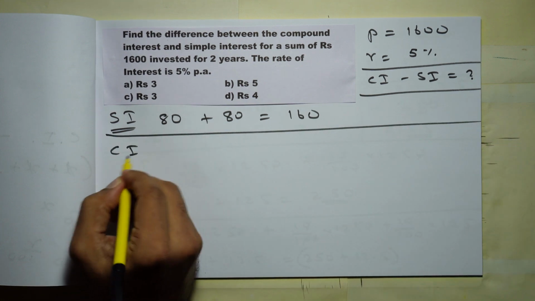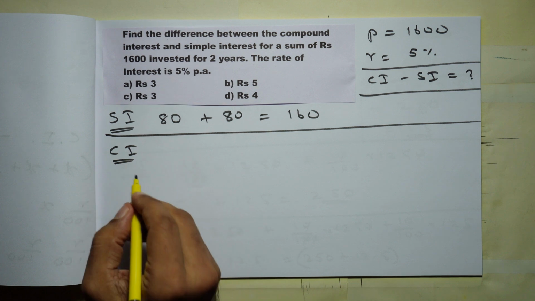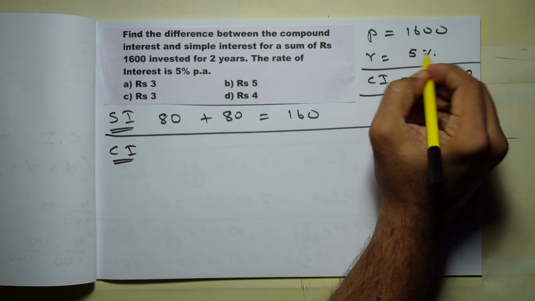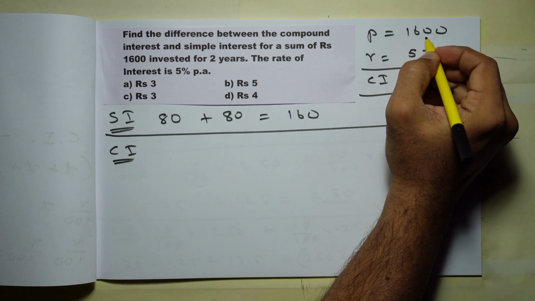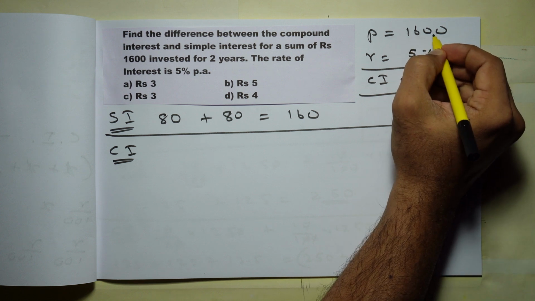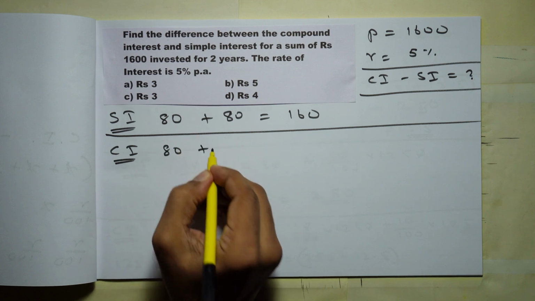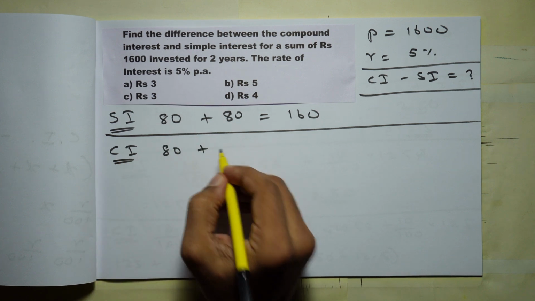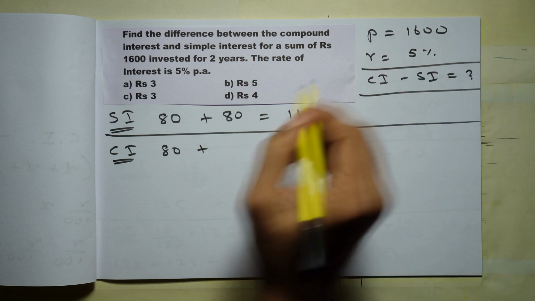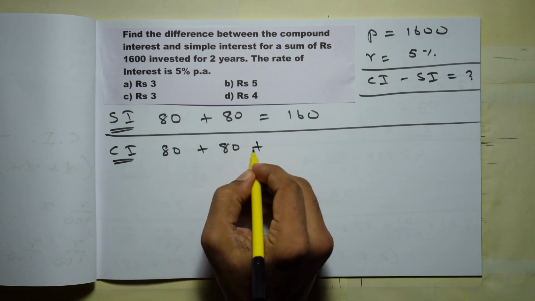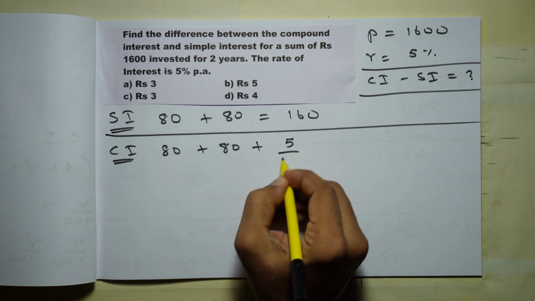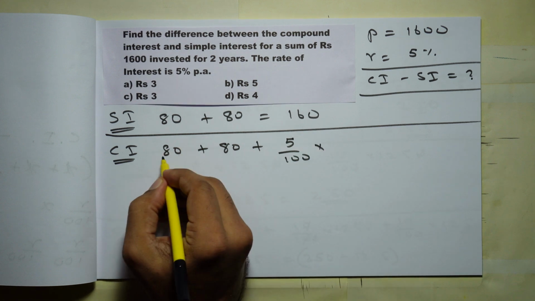Next, let us calculate the compound interest for 2 years. Now, first year's compound interest will be 5% of 1600. 10% is 160. So 5% will be half of that, that is 80. Now, compound interest for the second year. Again, R percent of principal, this 80 you will get. And extra that you will be getting is R percentage of first year's interest.